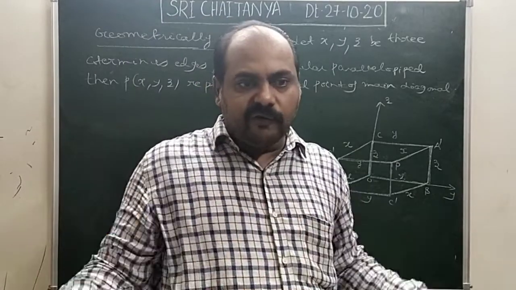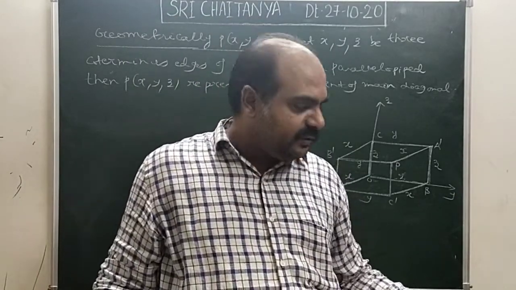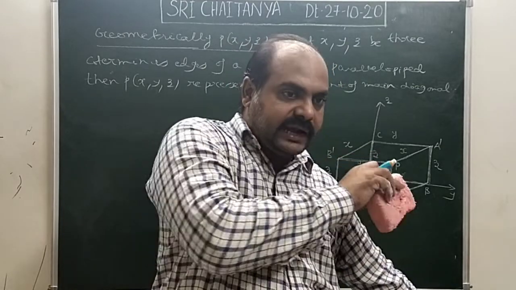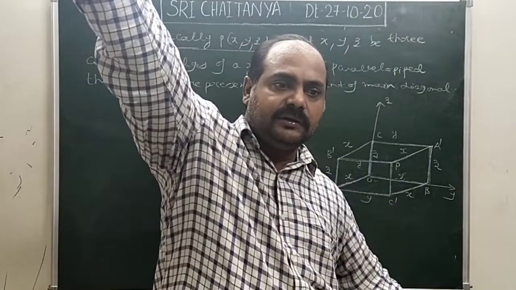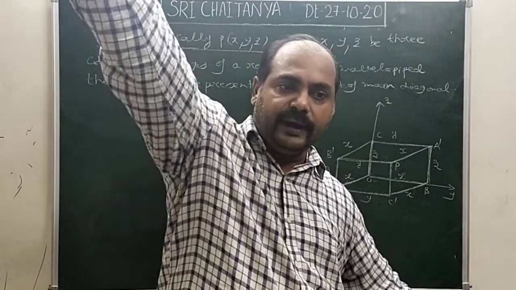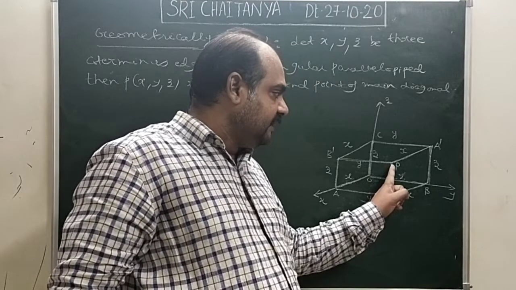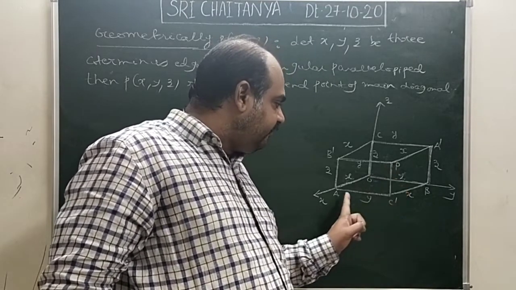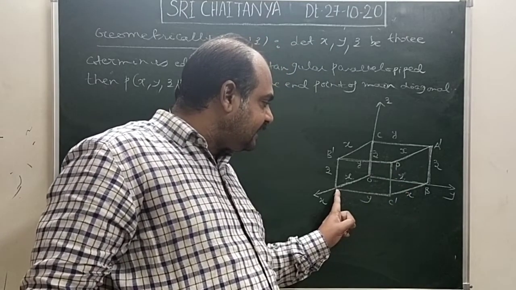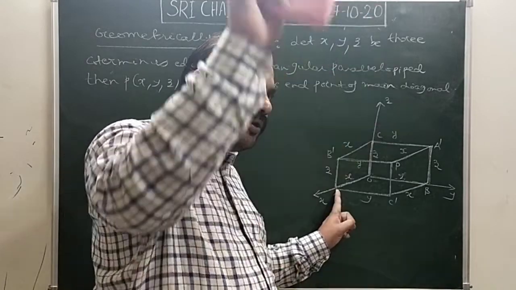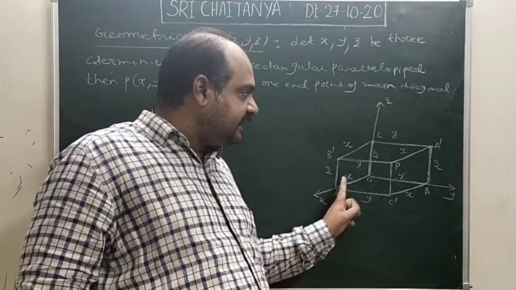In the ground floor, four corners you take. You have taken the origin. Connected to the topmost opposite point, then that is P. This OP is one main diagonal, right? In the ground floor, you take another corner A, and connect it to the topmost opposite corner, that is AA dash.